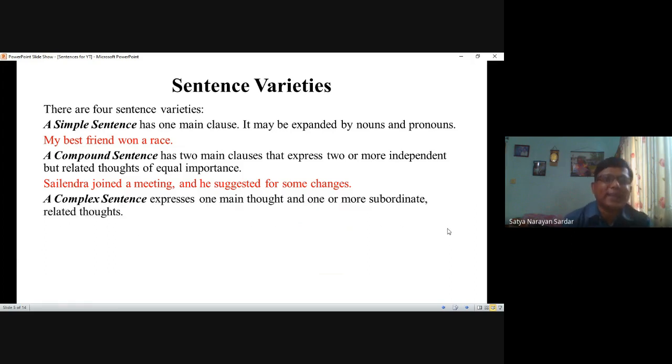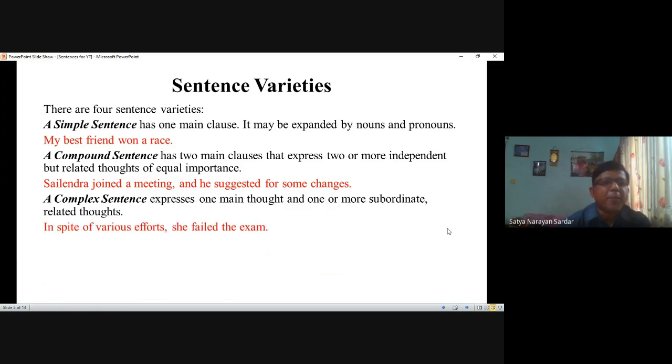A complex sentence expresses one main thought and one or more subordinate related thoughts. It means one independent sentence, and one or more dependent sentences or clauses.